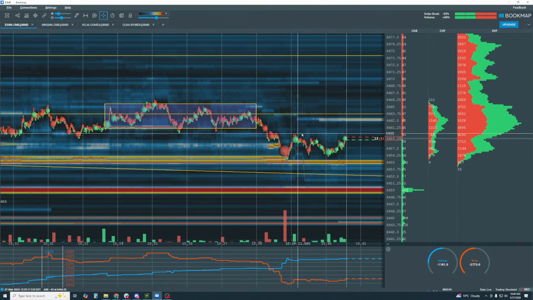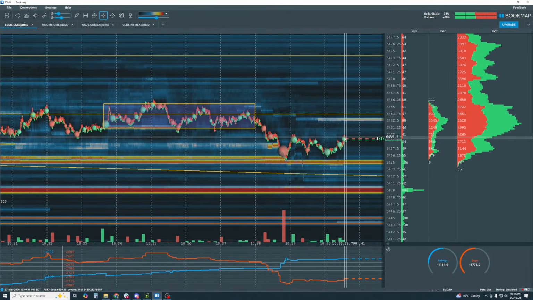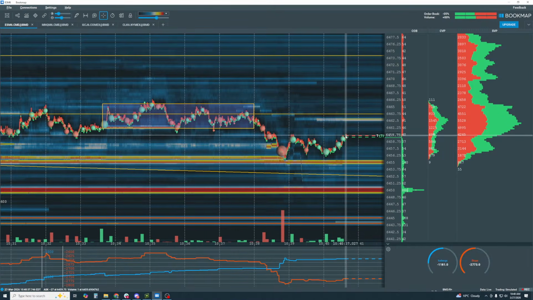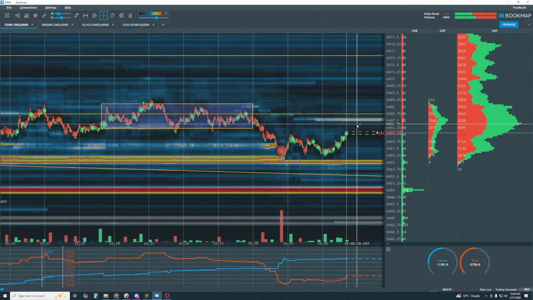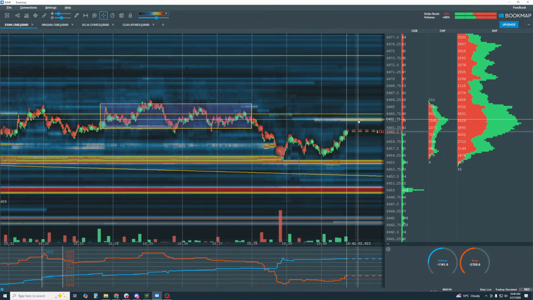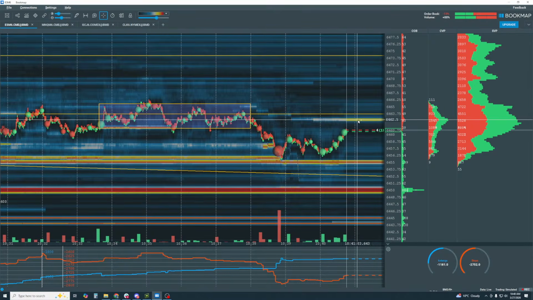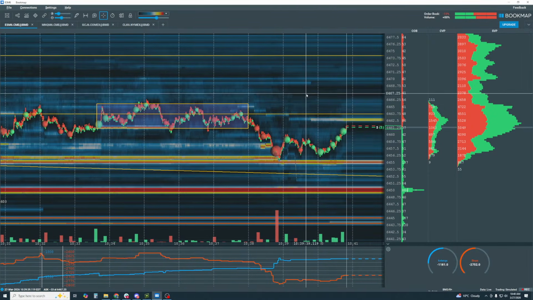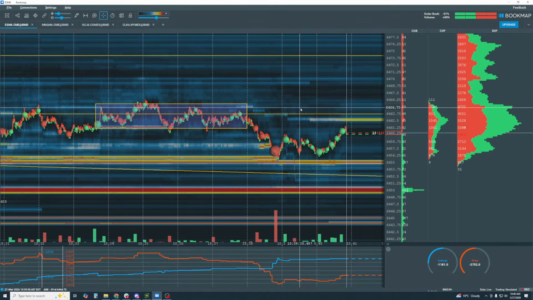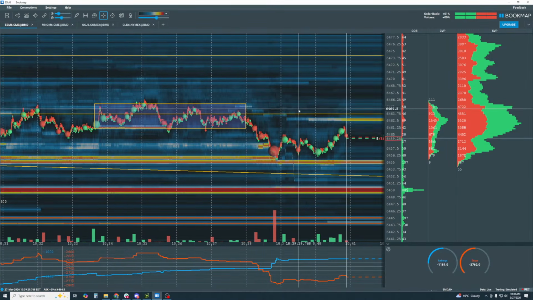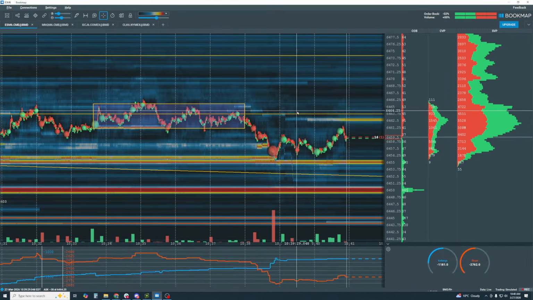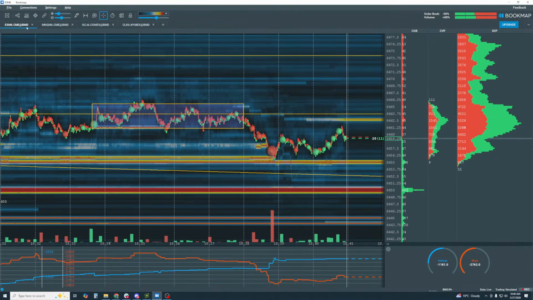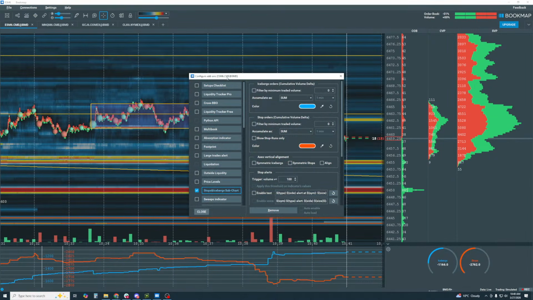Careful, careful, guys. Again, accumulation here on that buy side, but let's see if they get any traction. Here's the liquidity up here at 62.5. Okay, I'm going to put that correlation tracker on here.